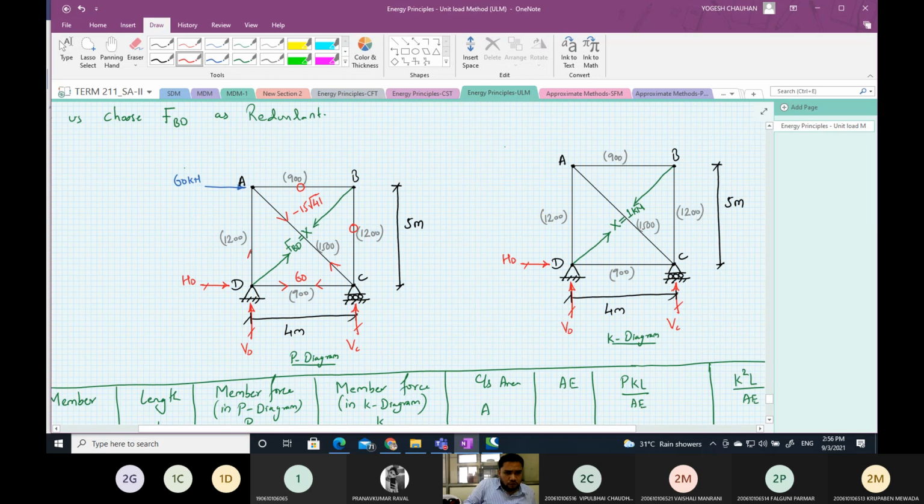We'll get this force as 75. Just verify these values at your end. This reaction will be minus 75. This reaction will be plus 75, and this horizontal reaction will be minus 60.